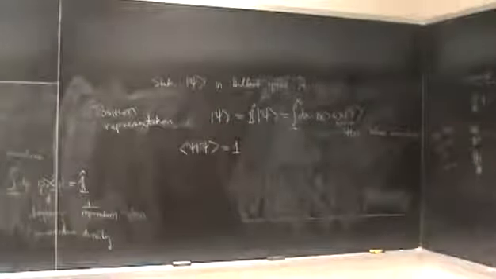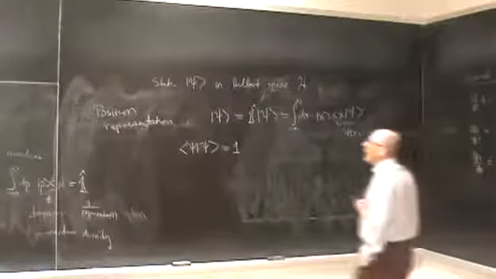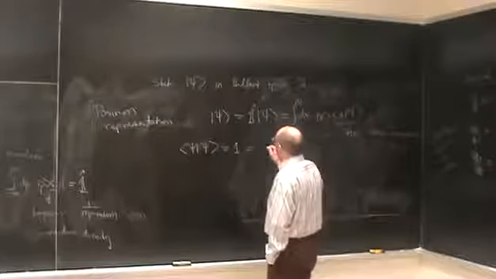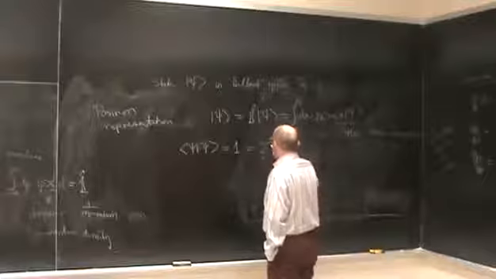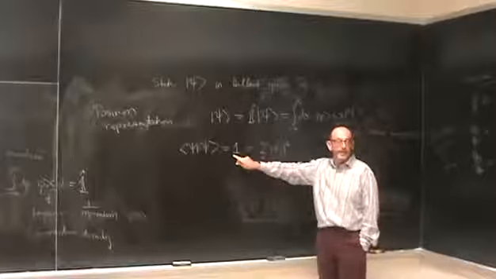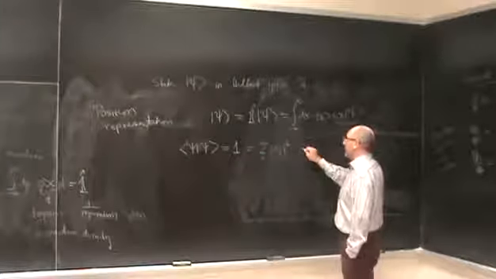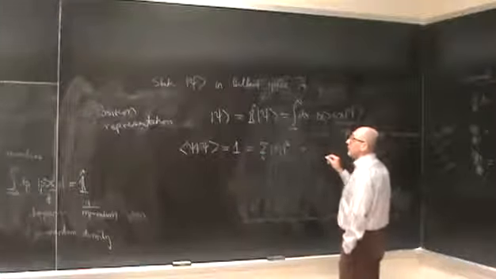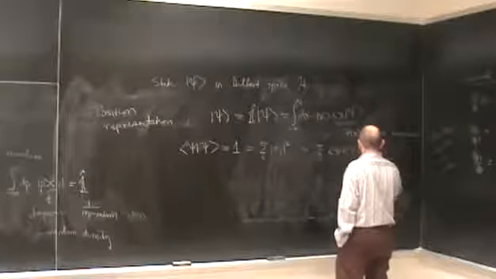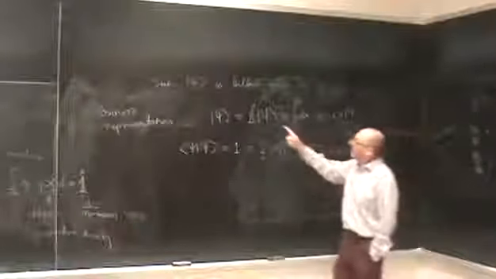In this case, if this were a discrete basis, we would write the normalization like this, and that, of course, is equal to the state in whatever the basis is. But now we have this continuous basis. So let's plug that in.